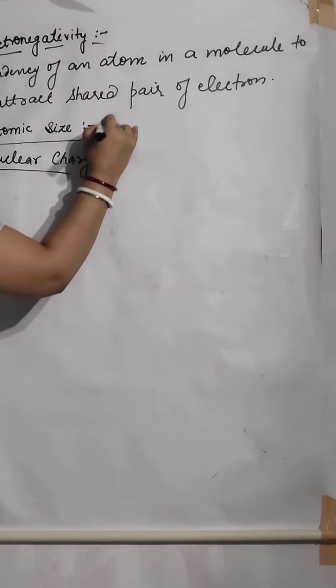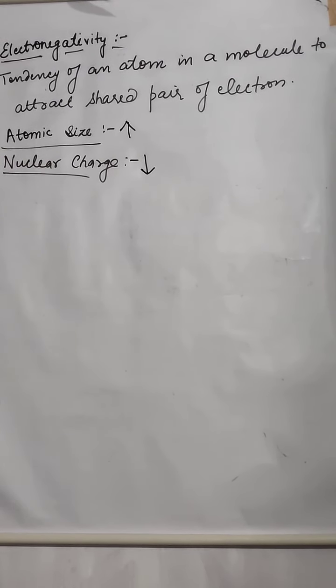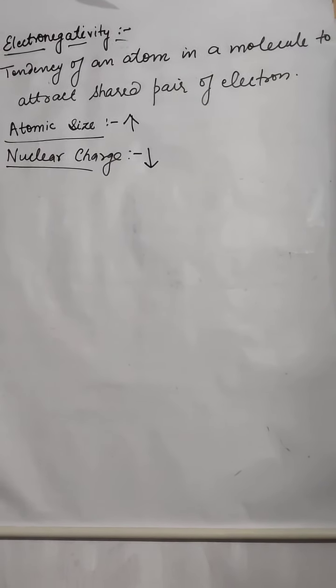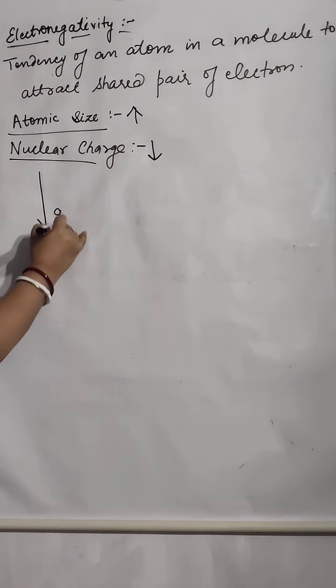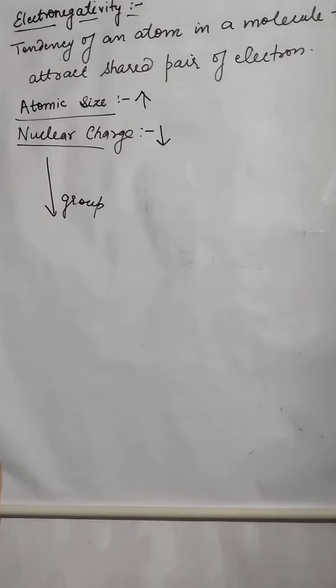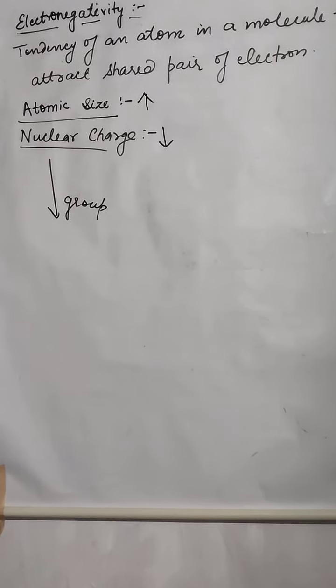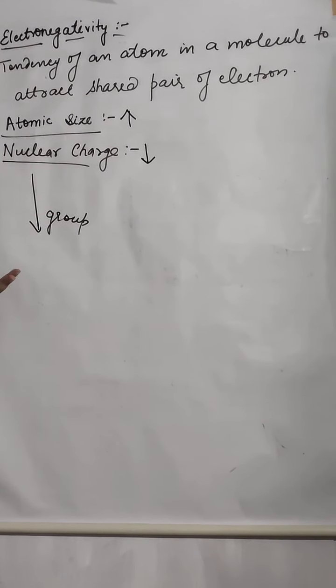When you move down the group, atomic size is increasing and nuclear charge is decreasing, so electronegativity will also decrease, because it will not be able to show more force of attraction. It will not be attracted towards the nucleus very much.